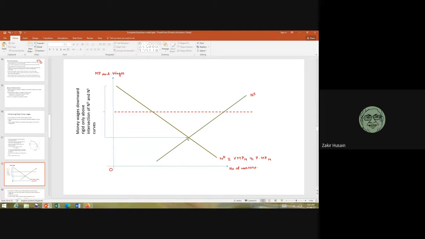So the downward rigidity problem comes only in this region. And at this point, employment is given by the intersection of the money wage line and the ND curve.